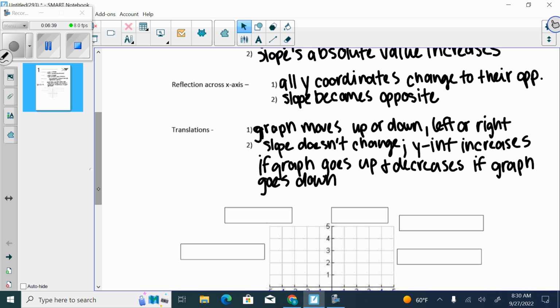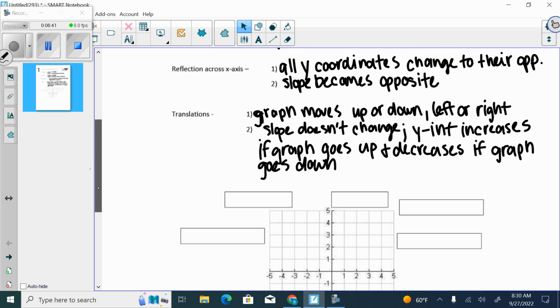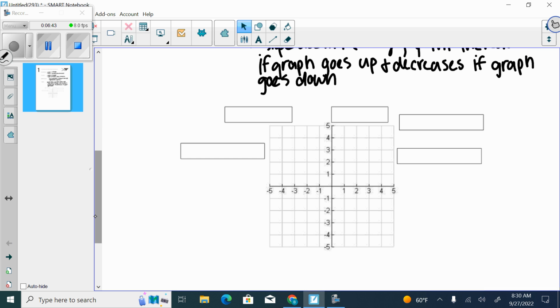Now they want us to graph what these kind of changes would look like. The first thing we're going to graph is the parent function. Parent linear function means that it's as basic as it gets, right? It hasn't been shifted up or down, so it starts at 0, 0. And it hasn't been stretched or compressed, so it just has a slope of 1.